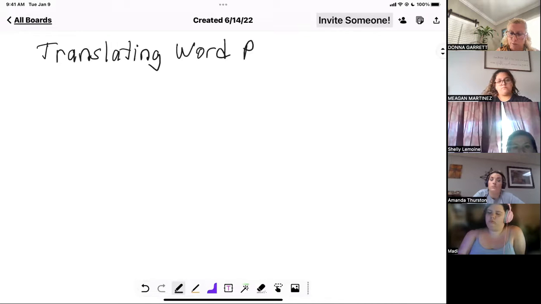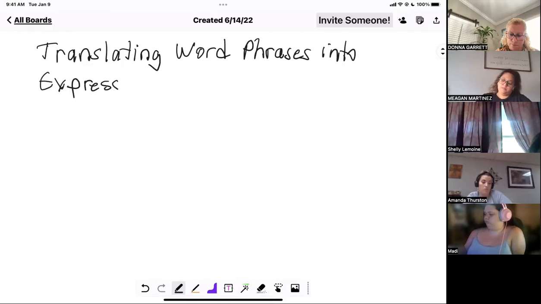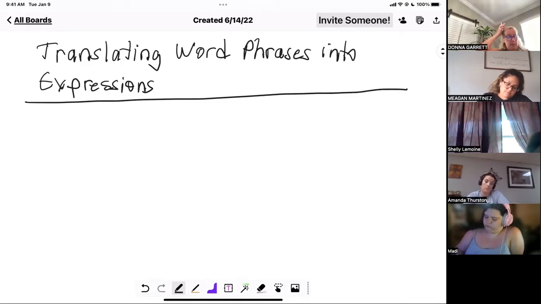But now we're going to do it with variables too. Okay, translating word phrases into expressions. We did it with integers, but now we're going to do it with variables.